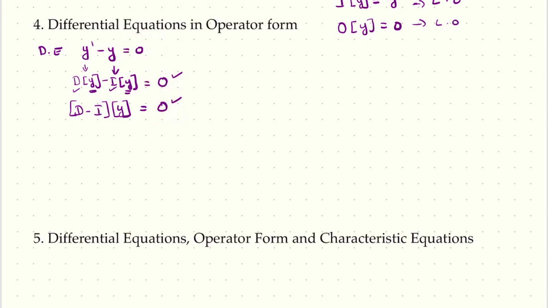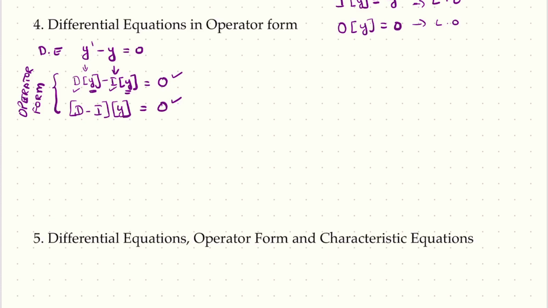That 0 right there is a function, not a number. You can think of it as a 0 operator. All right, so this is called the operator form.